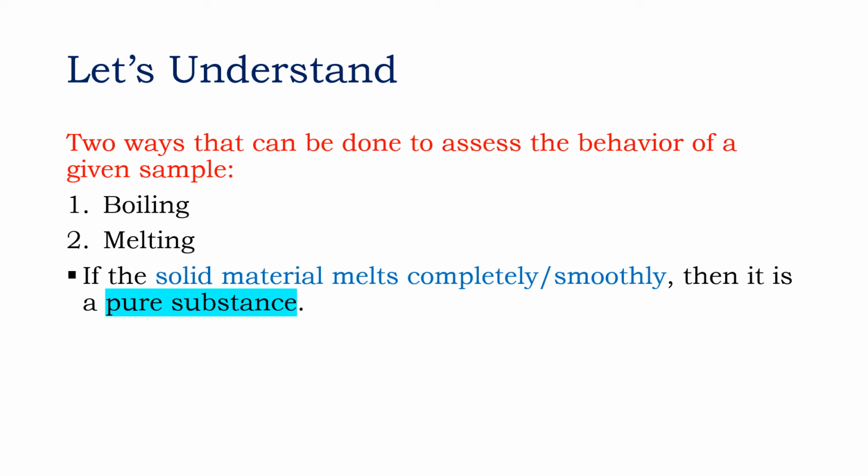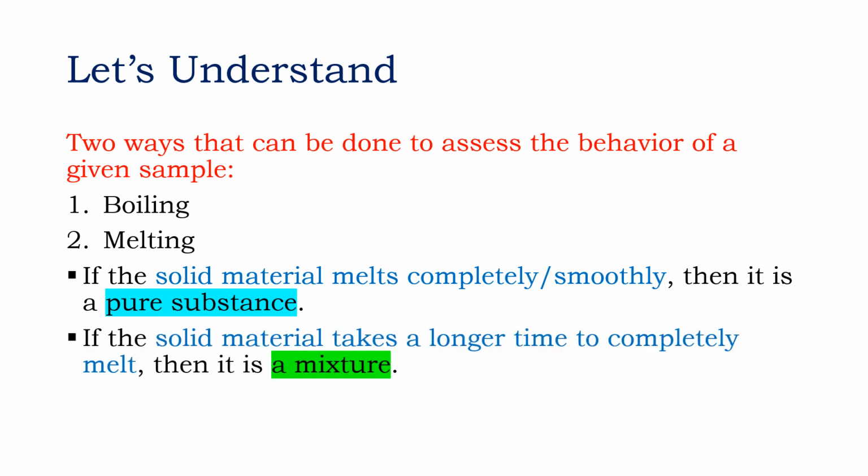If the solid material melts completely or smoothly, then it is a pure substance. If the solid material naman takes a longer time to completely melt, then it is a mixture. Again, so two ways can be done to assess the behavior of a given sample.